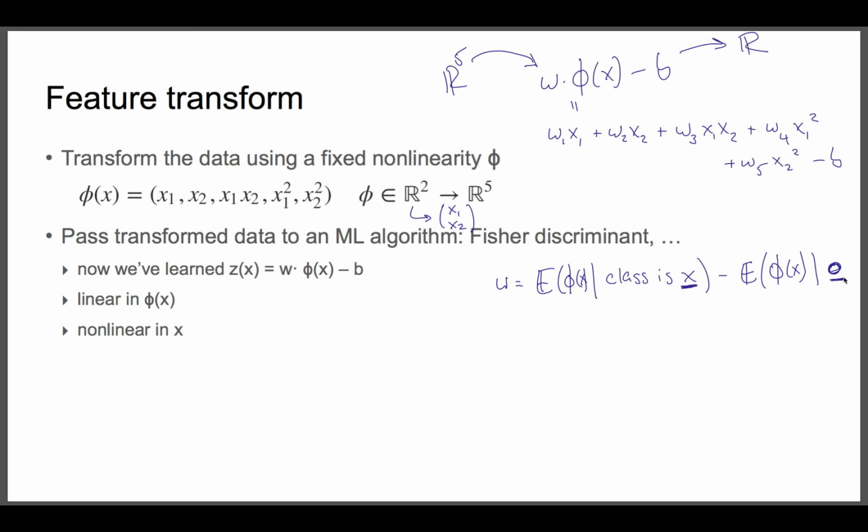And again, I'll put an underline under it to say that's a class label. And then the same thing, b is equal to w dot the mean of the two class means. So that's a half times E of phi X given cross plus E of phi X given circle.